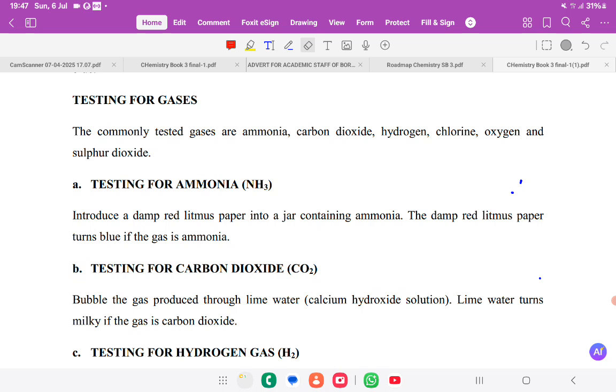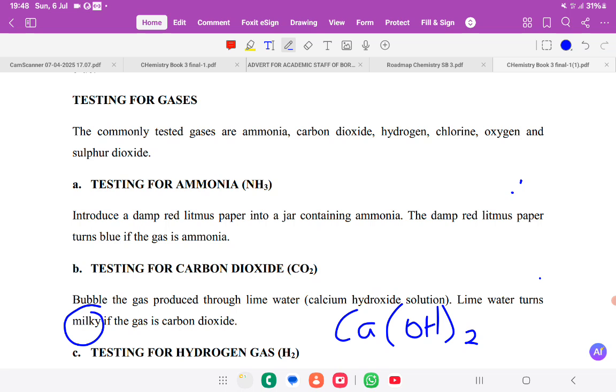Lime water is basically calcium hydroxide, Ca(OH)2. If the gas produced is carbon dioxide, then the lime water will turn milky. Not that it will become milk, but it will take the color of milk. Milk by nature is white.